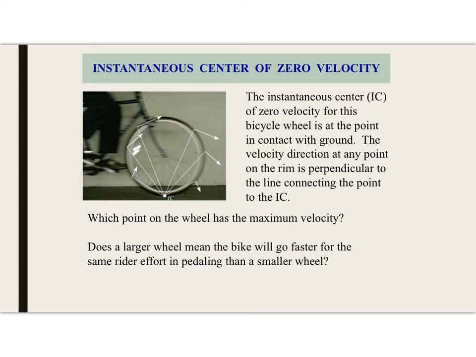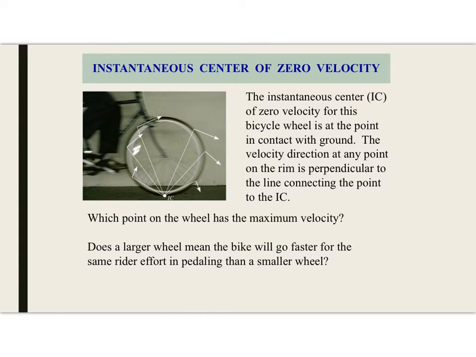Because when a wheel is turning as the bicycle goes along, traveling from left to right, the point where it reaches the ground isn't really moving relative to the ground. So that's a point of instantaneous center of zero velocity because it has a zero velocity.